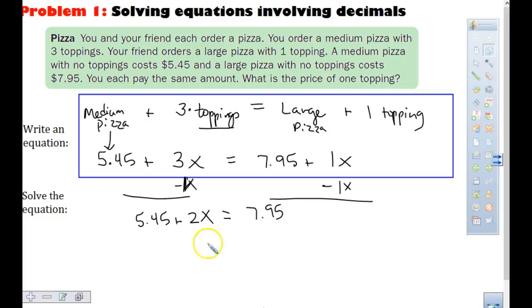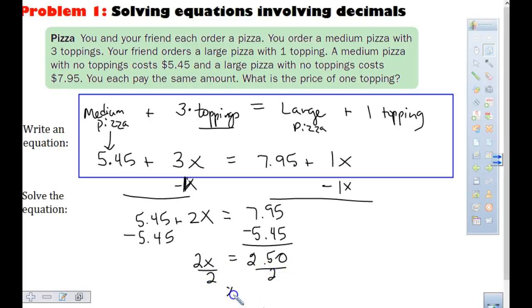And again, we could multiply here by 100, but to me, I'm working with money and my decimals aren't huge, and I subtract 5.45, and that's pretty easy subtraction without moving it and getting rid of my decimal, so that I have 0 here. 250 divided by 2 means that each topping they are charging us is $1.25.